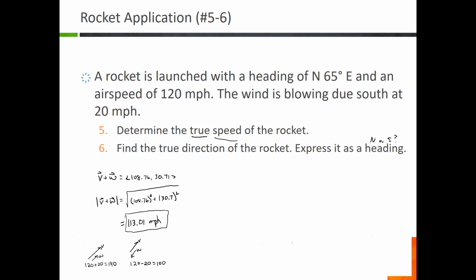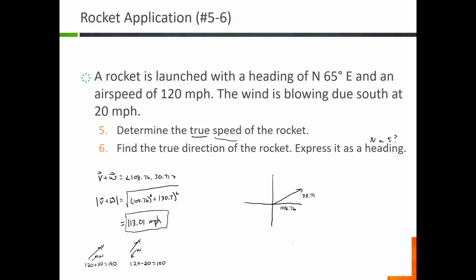If we wanted to draw that velocity, it's a positive x coordinate and a positive y coordinate, so it is still flying over here in the first quadrant. We could even think of there being a right triangle. The x component is 108.76, the y component is 30.71, and we are trying to find the angle. So how do we find the angle?